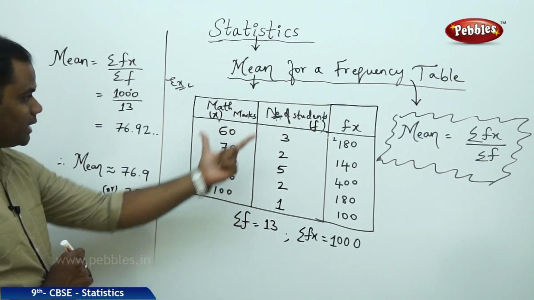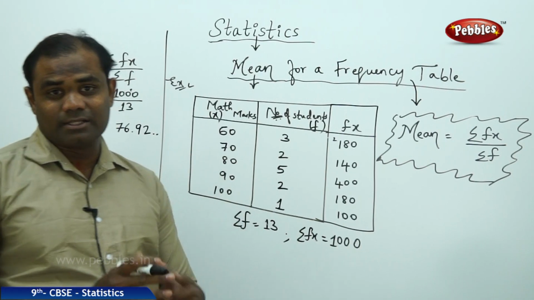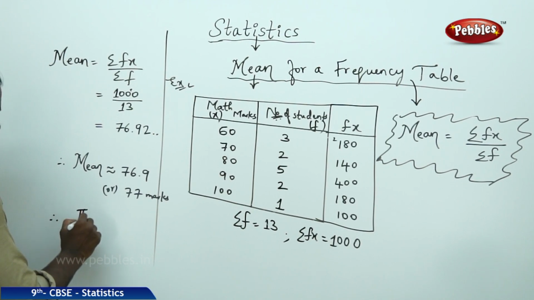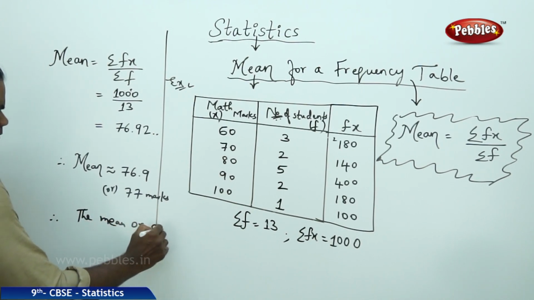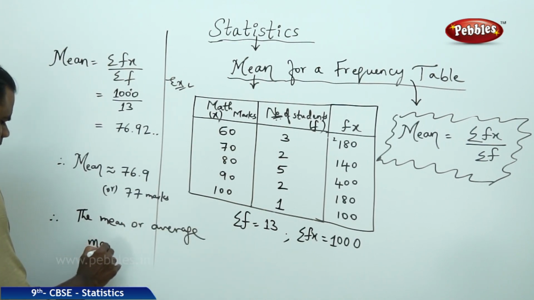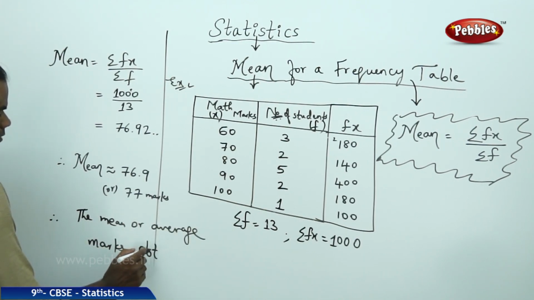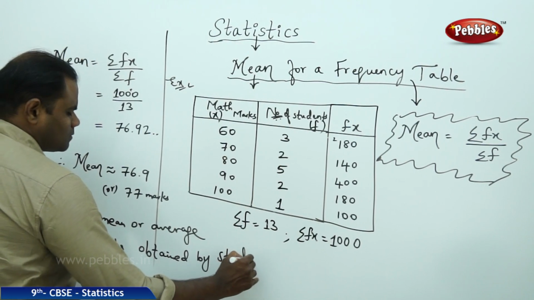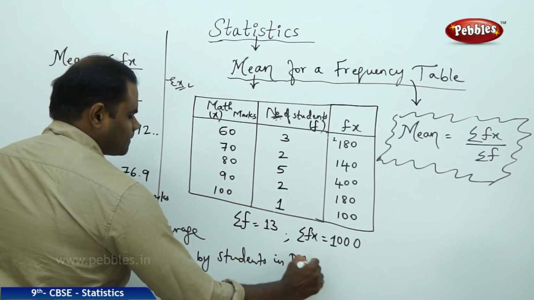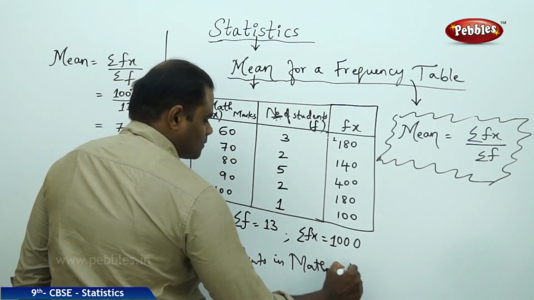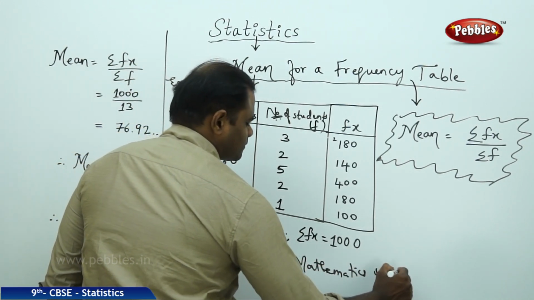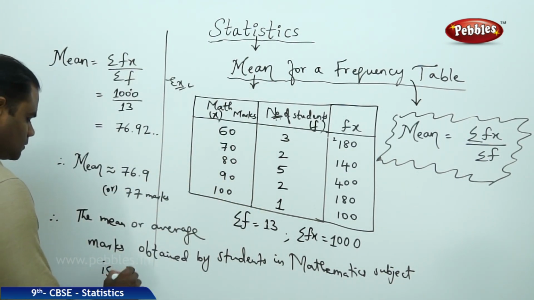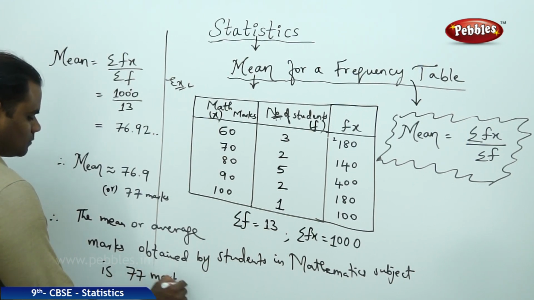So based on the entire marks and the number of students who got those marks in the entire class of 13 students, I can make out that the mean or average marks obtained by students in the mathematics subject is 77 marks.